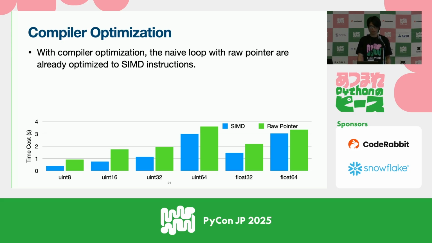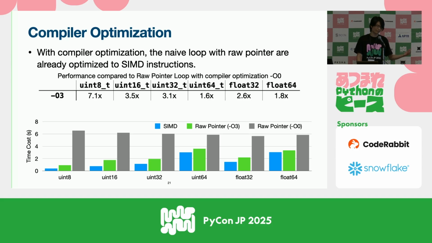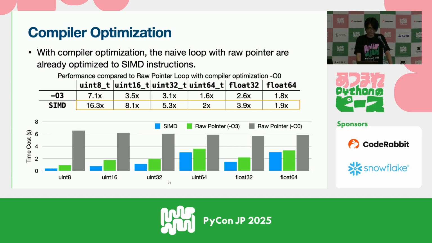So if I turn off the compiler optimization, it gives an even worse result. You can see here, the -O3 optimization option has already made 8-bit values 7 times faster than non-optimized code. So if we compare the non-optimized code with our SIMD implementation, it is actually close to the theoretical speedup value. So SIMD actually works.